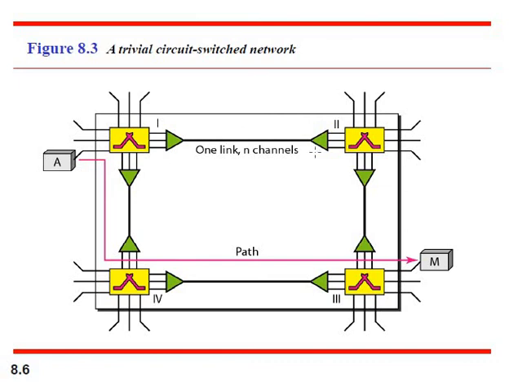The nodes A and M are connected to switches 1, 2, 3 and 4, and they can share information in any direction. Here A and M are nodes, the black lines are called links or channels, and this is the symbol for the switch.